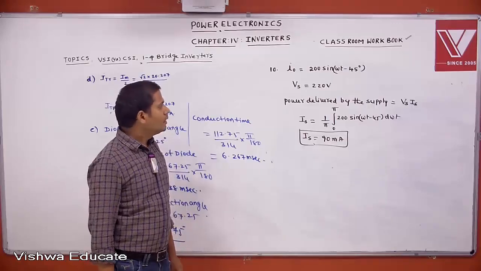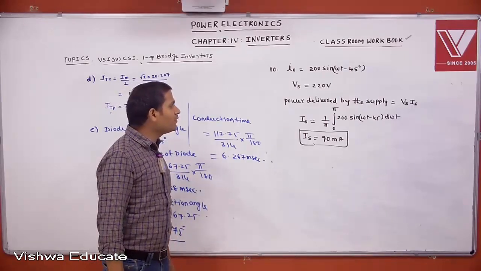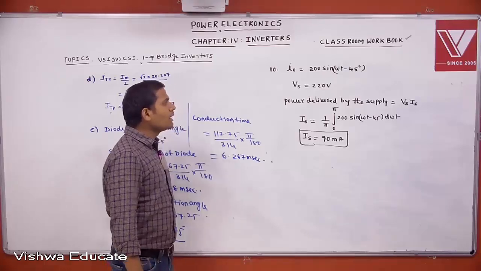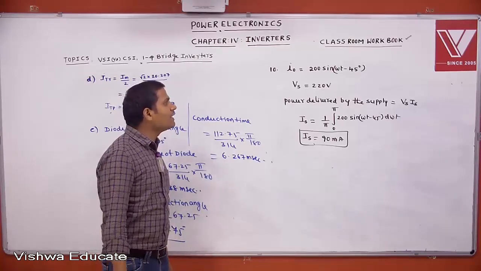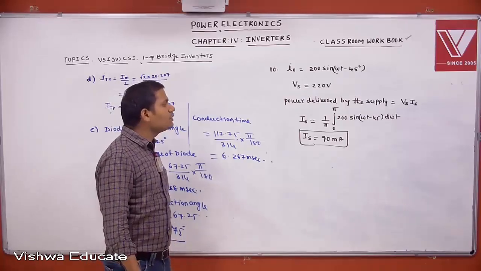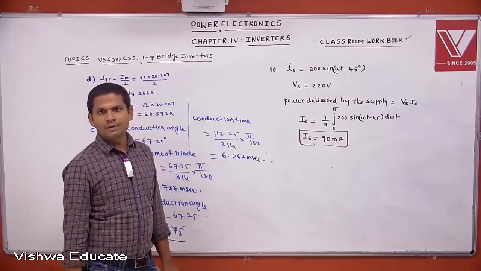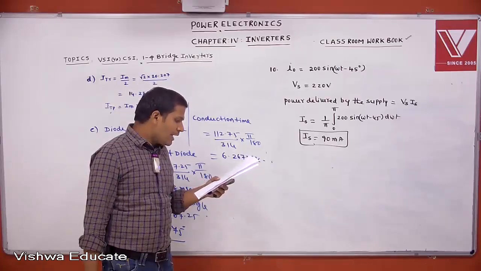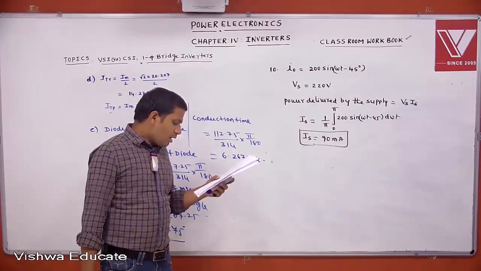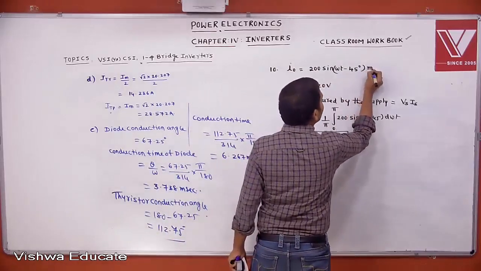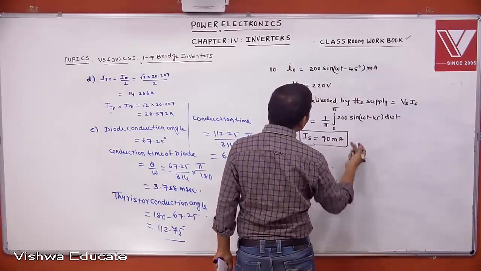Clear? 1 by pi integral 0 to pi of 200 sin omega t minus 45 d omega t. We integrate this current and substitute the limits. That's why we are getting 90 milliamperes.